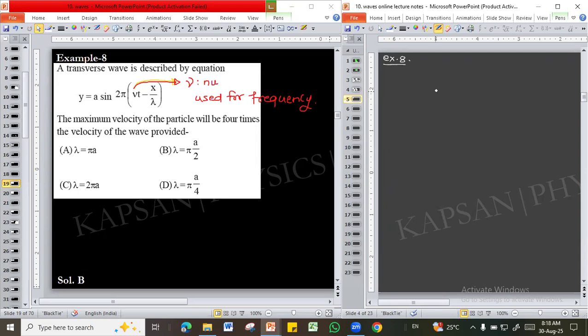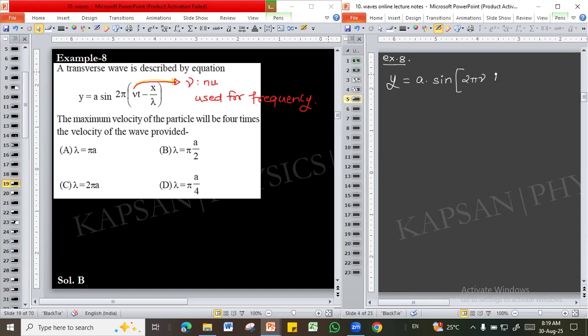A transverse wave is described by, transverse means oscillations in y direction and propagation in x direction. So direction of oscillation and direction of propagation are perpendicular to each other. Y is equal to A sine. You need the complete coefficient, so don't take this 2 pi outside. Write 2 pi inside.